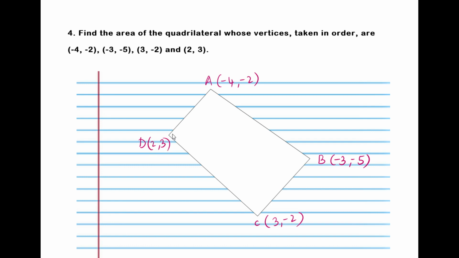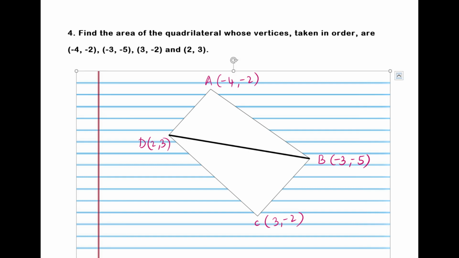Now I'll split this quadrilateral into two parts, that is the sum of two triangles, triangle ABD and DBC. I'll join DB. Students, now I've joined the points B and D. Now the quadrilateral is the sum of triangle ABD and DBC.